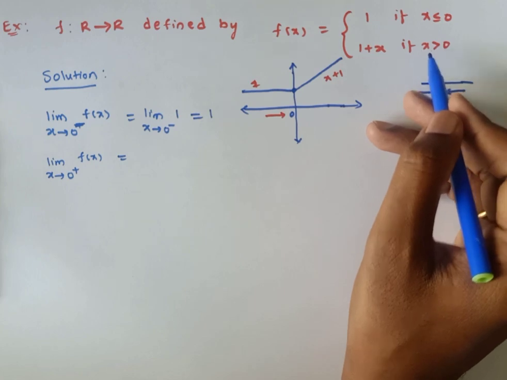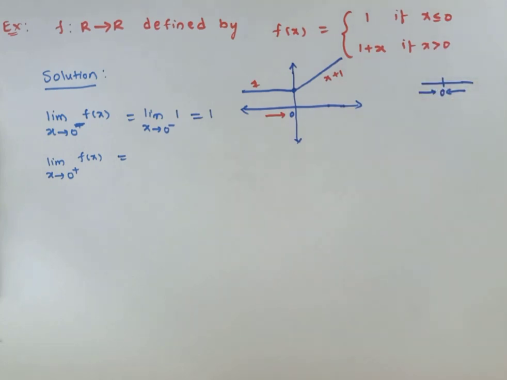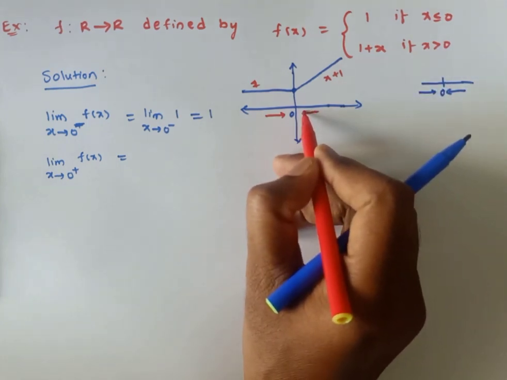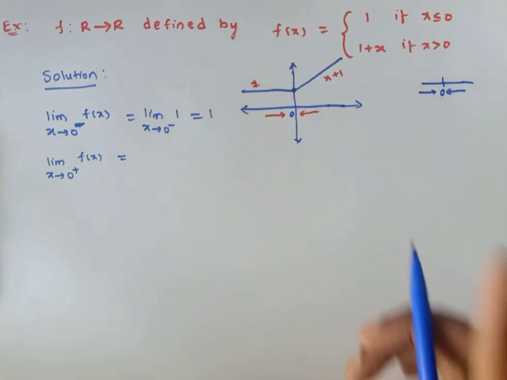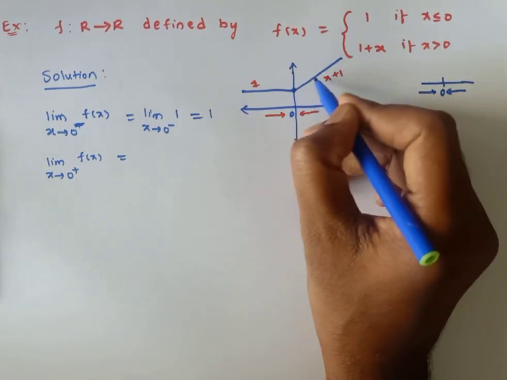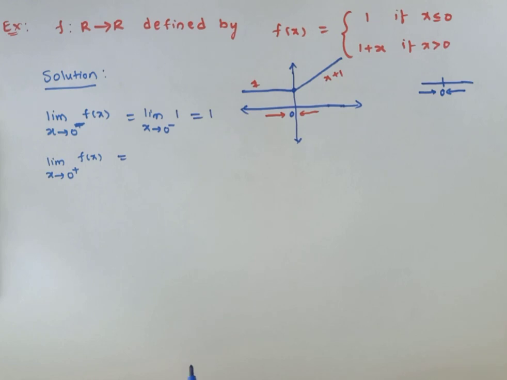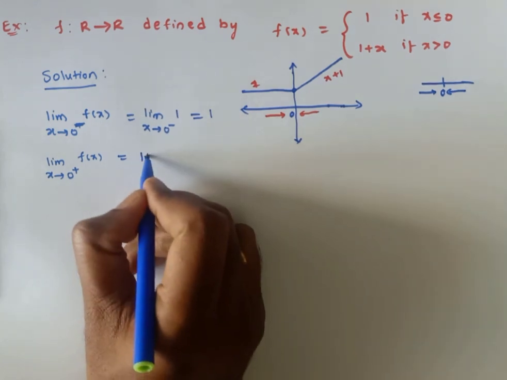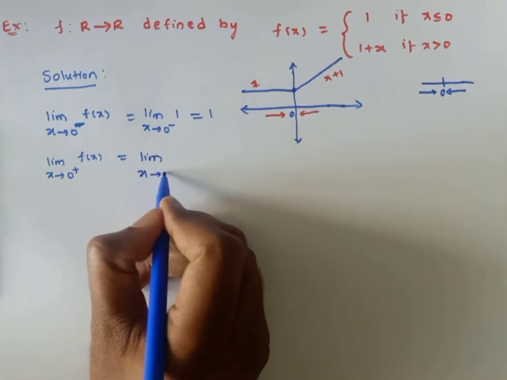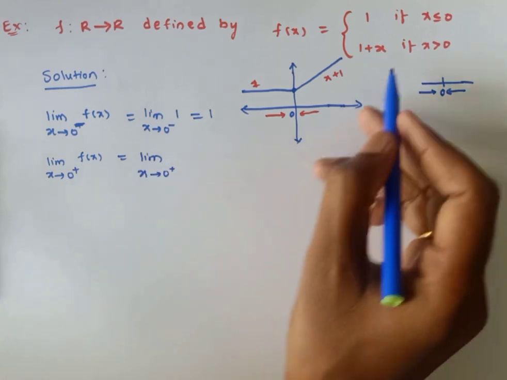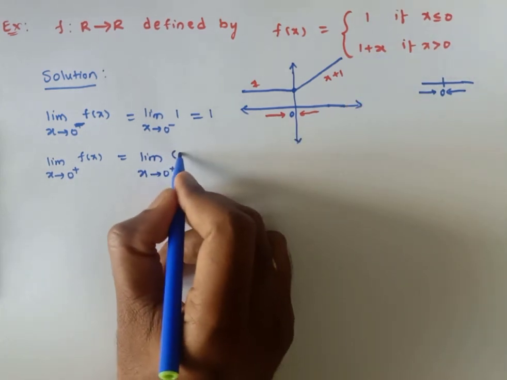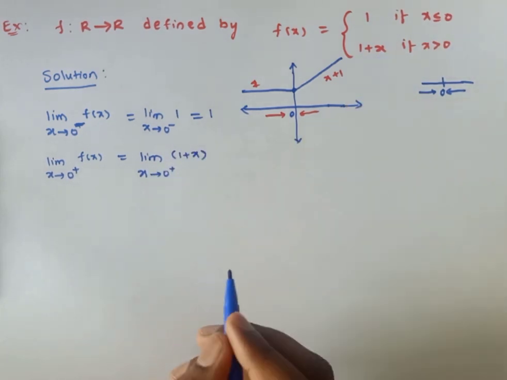So this is the part as x approaches 0 from the right hand side. Then the function is the x plus 1 function, or you can choose it from the piecewise defined function. Now this is the limit as x tends to 0 plus, where f of x is 1 plus x.